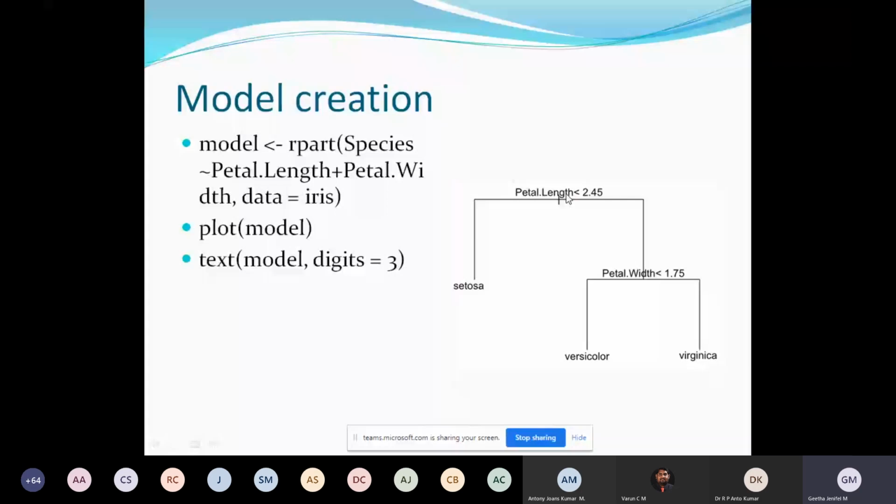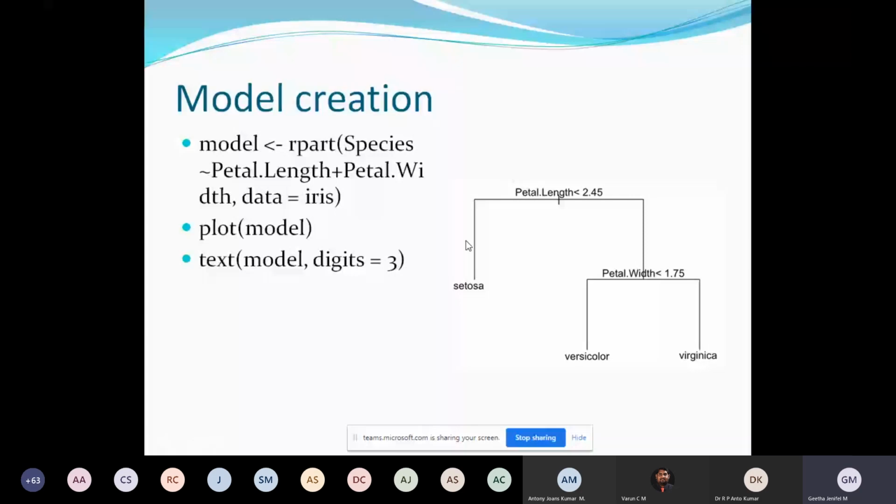If the petal length is greater than or equal to 2.45, our model moves to the next split. In the second split, it checks whether the petal width is less than 1.75. If it is true, our model predicts that the species of flower is versicolor. Otherwise, it says virginica. So this is the concept about model creation.